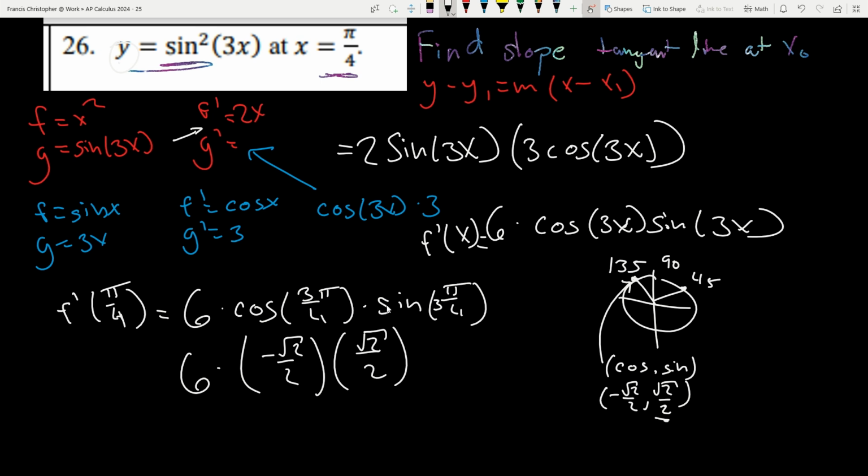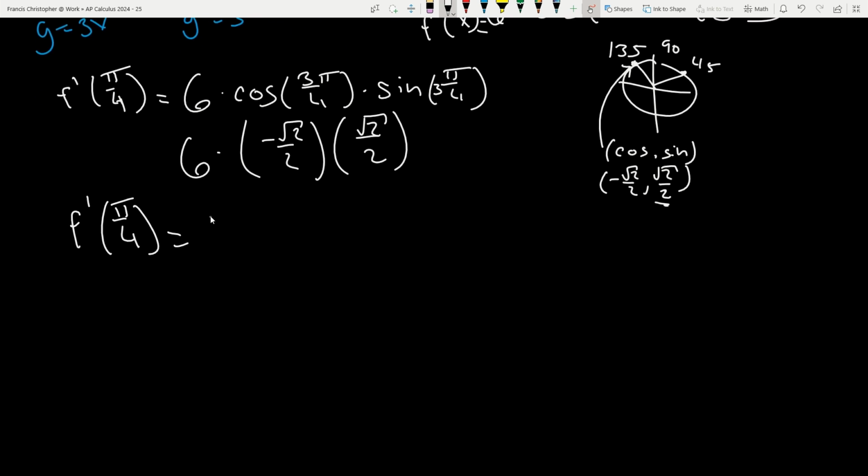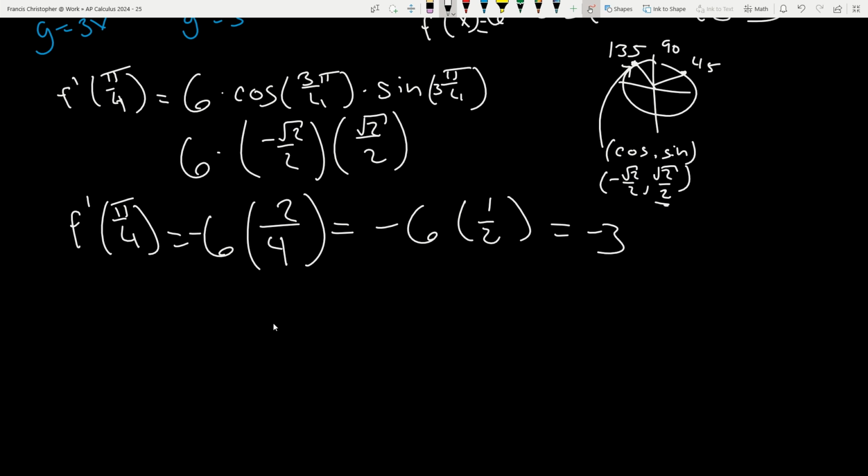And if you've memorized your unit circle, then that could have been done in your head. So negative 6, I'll pull out the negative. Root 2 times root 2 is just 2. This is 4, equals negative 6 times 1/2 equals negative 3. So our m, or our slope at pi over 4, is negative 3.